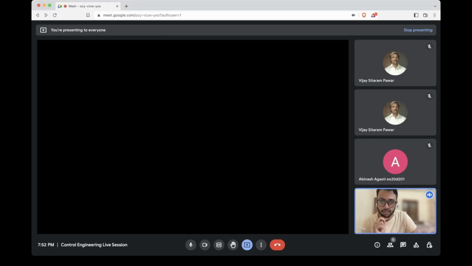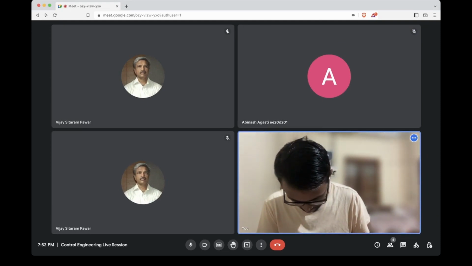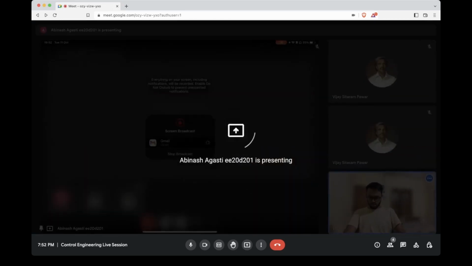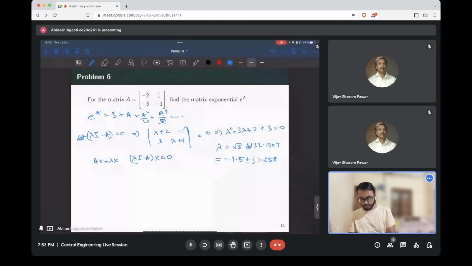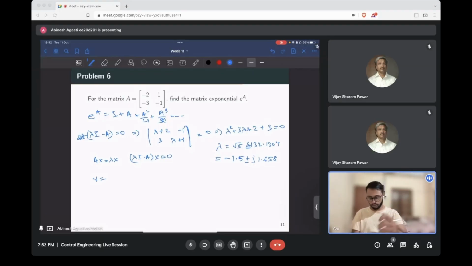So I'll stop sharing this again. I'll start sharing this. Yeah, so from MATLAB I'll just copy down these values and the V matrix.